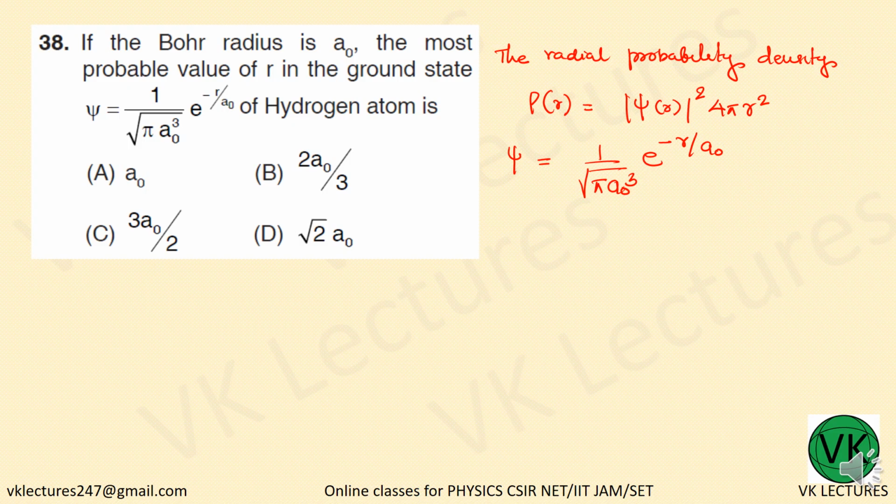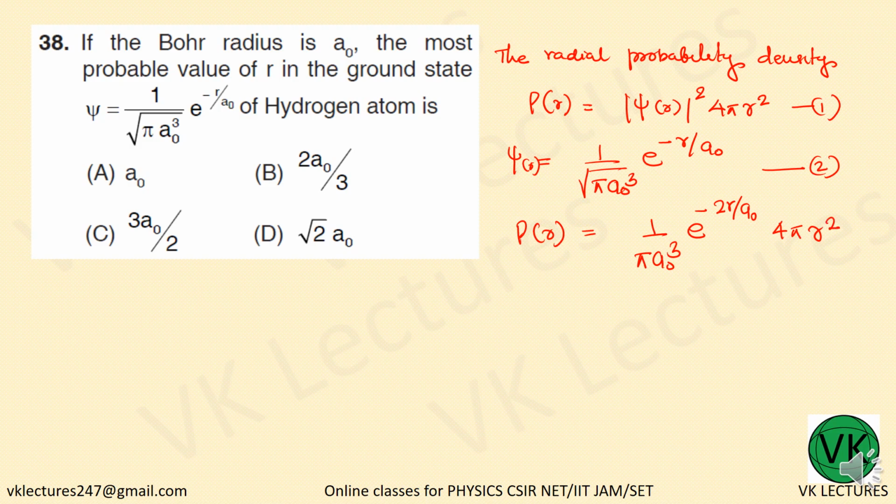So substituting this psi of r into equation 1, let's call this equation 2, P of r is equal to 1 divided by pi a0 cube e to the power minus 2r divided by a0 into 4 pi r square.